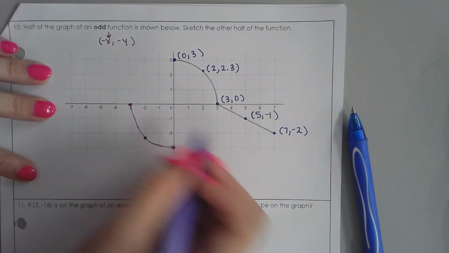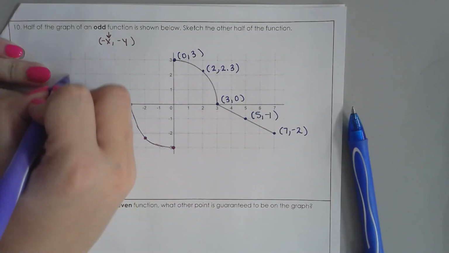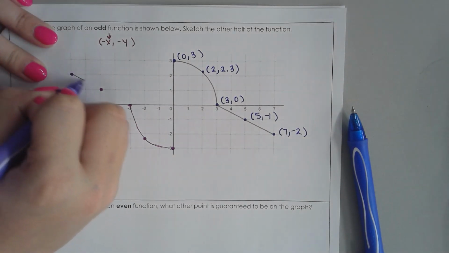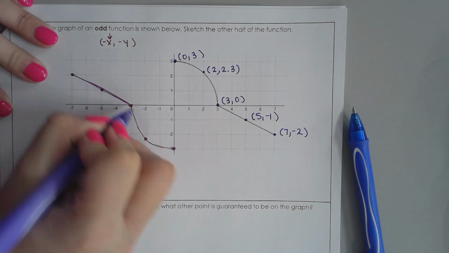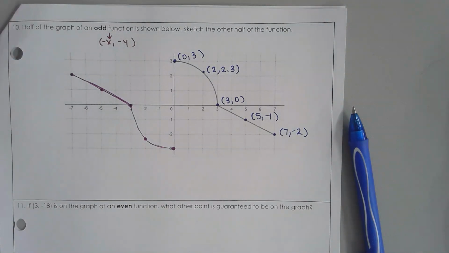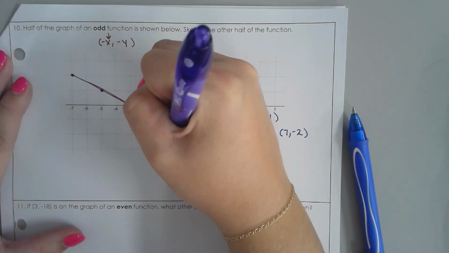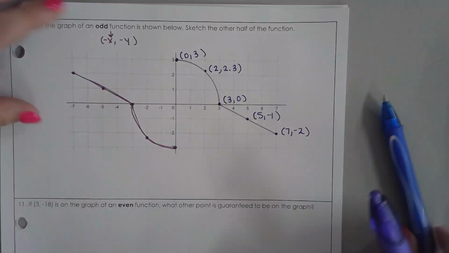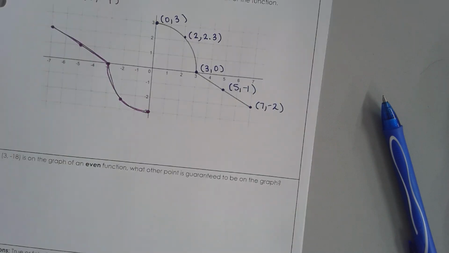And then negative 5, positive 1, negative 7, positive 2. So about like that. If I turn my paper upside down, it looks exactly the same. It's an odd function.